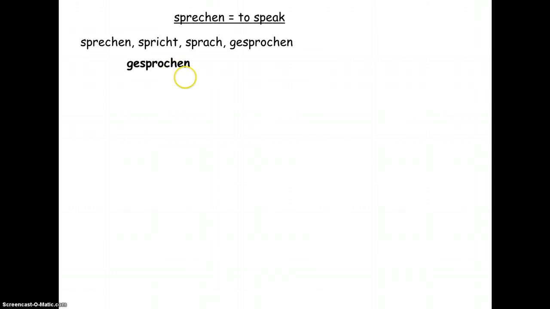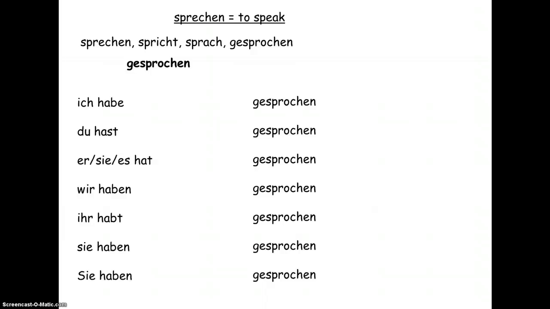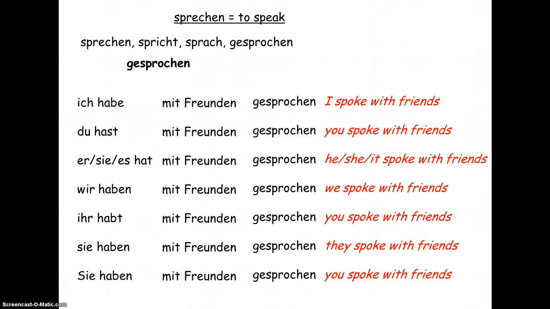Take gesprochen. And then again, you've got your parts of haben, depending on who it is who spoke. Add your past participle at the end, doesn't change, always the same, gesprochen, and then put anything else in the middle of your sentence. So we've got mit Freunden. So, ich habe mit Freunden gesprochen, I spoke with friends.